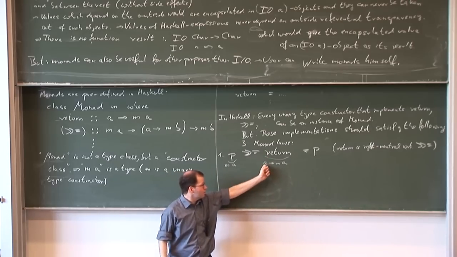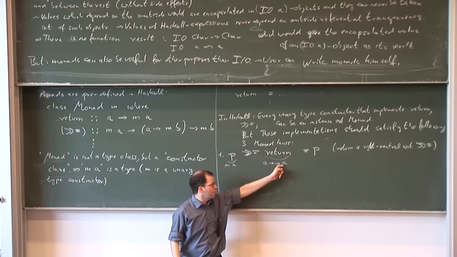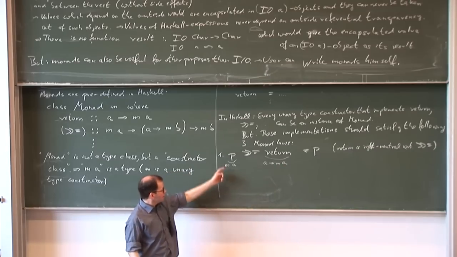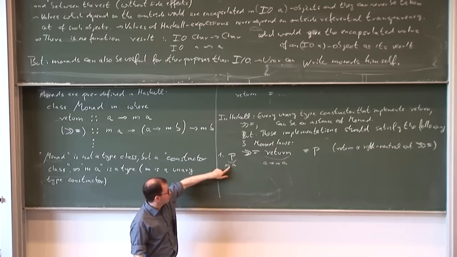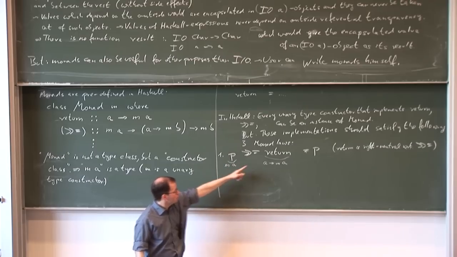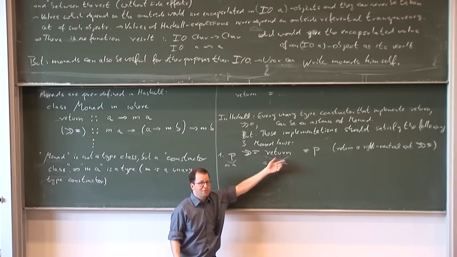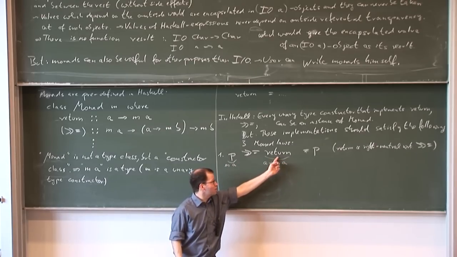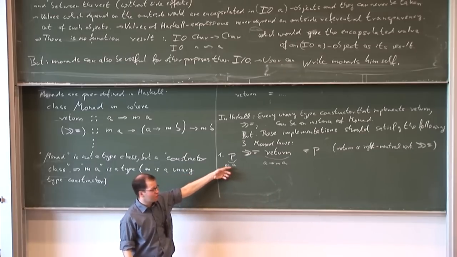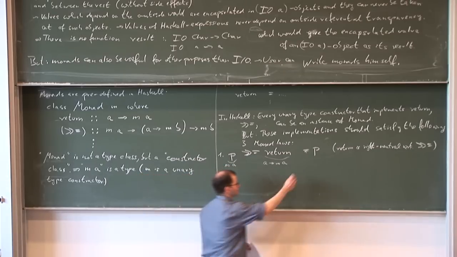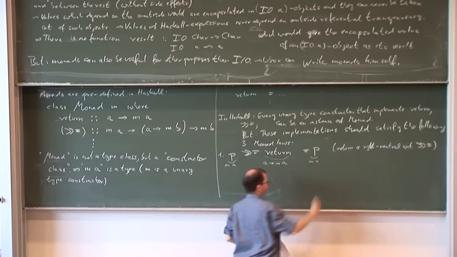Return takes an object A and gives you back a monad object where this is encapsulated. Then what should happen is you just get this. So when you do this empty encapsulation function afterwards, nothing should change. You should get P again. So this has type MA.